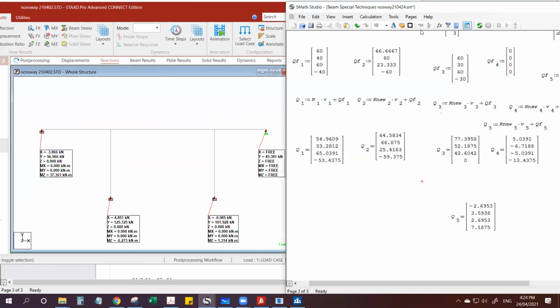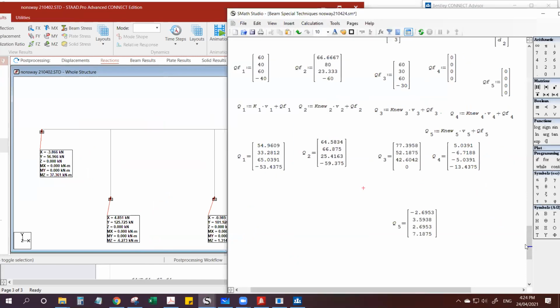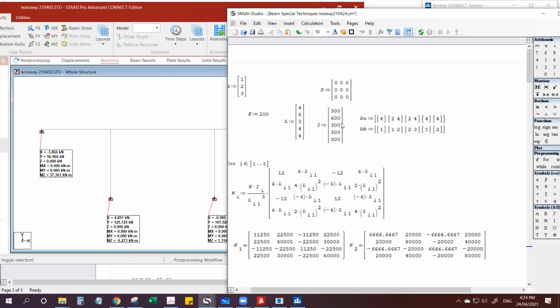Maybe I'll check my inertia here because I used 300. What's the actual? 300 by 500. 300 by 500 cubed over 12. That is 3.125 times 10 to the negative 9.